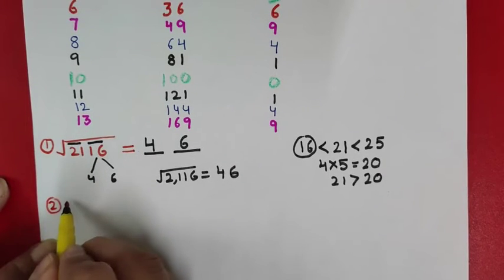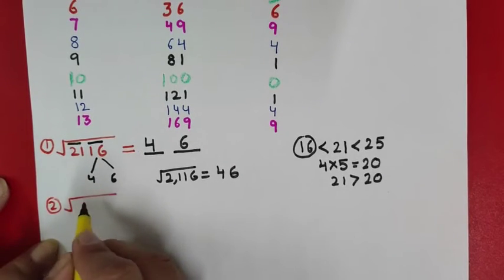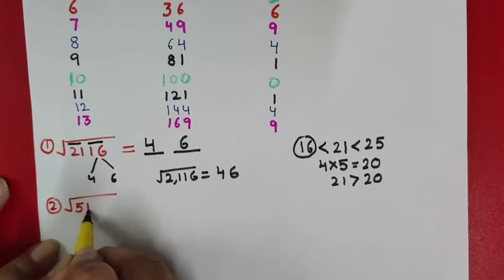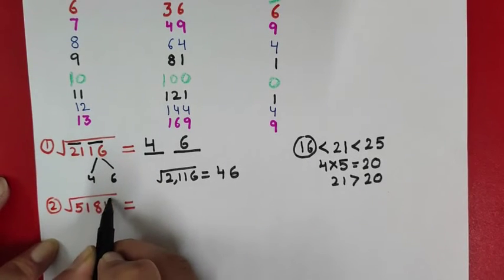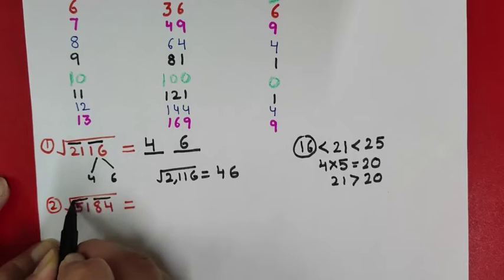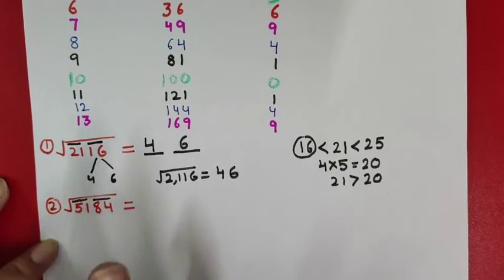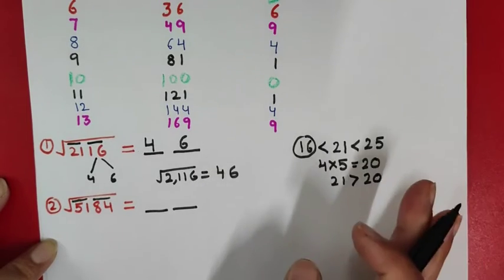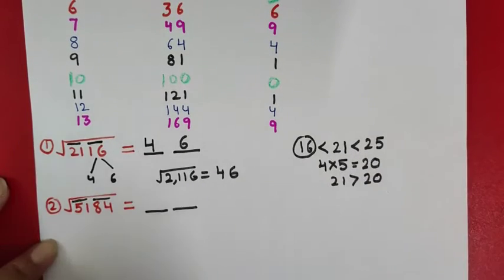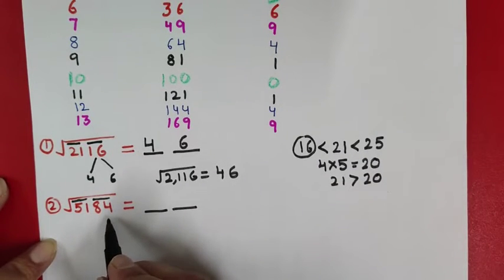Say we want to find the square root of 5184. Starting from the right, start making pairs of 2 digits. You get 2 pairs, so there should be 2 digits in your square root or in your answer. Right? Now, what is the last digit of the square? It is 4.